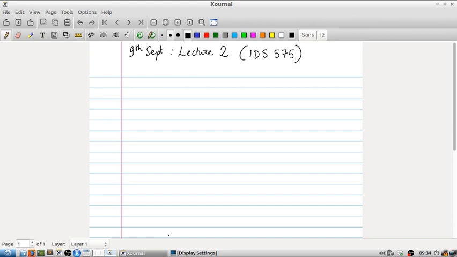I have also posted a couple of things. First is the project details. How many of you have not accessed the project details PDF? Not accessed? Okay. Is it because you don't have access to Blackboard, or just haven't accessed it?